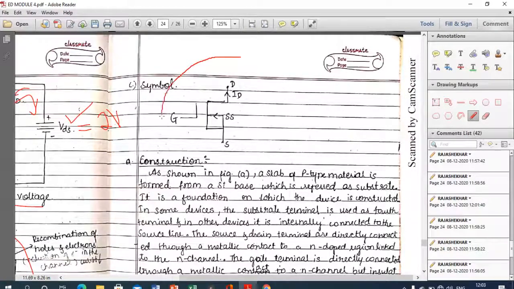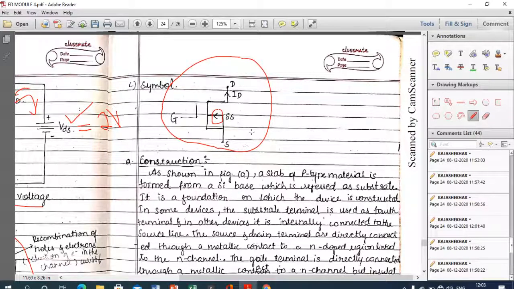This is the symbol which is used for the N-channel depletion type MOSFET. The only change is that this arrow mark indicates that this symbol belongs to the N-channel depletion type MOSFET. If it is opposite, it becomes a P-channel depletion type MOSFET.